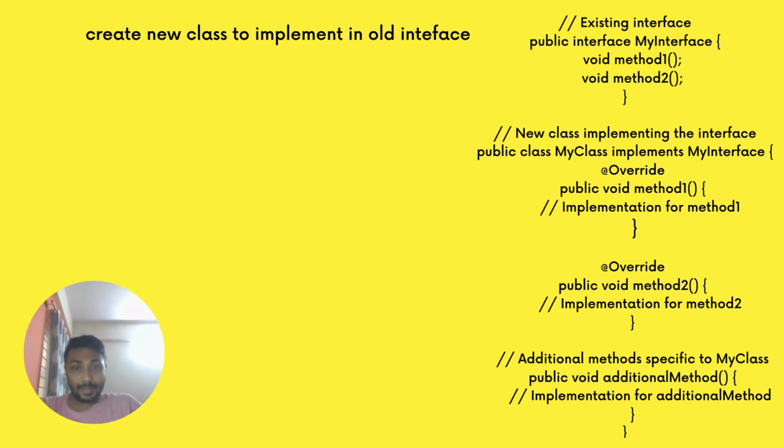What you have to do is create a new class implementing the old interface and then override the methods using public void method1, and the same for public void method2, and then we have the method declaration. Suppose you have an additional extra method in your class, then you can define public void additionalMethod and then define the implementation. Like this, you can create a new class with the old interface.